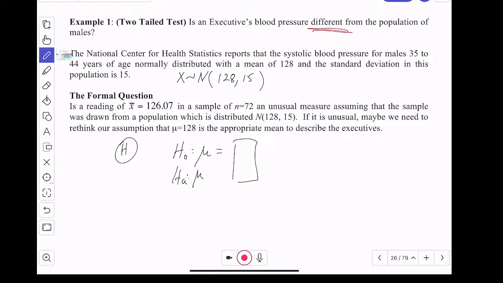And this I will call mu 0. So if I believe there's no difference, the status quo, executives are no different than other regular males. Executive males are no different than regular males. Then what should this number be?